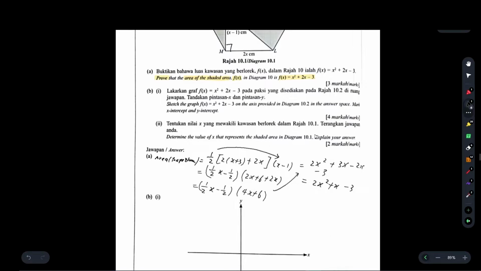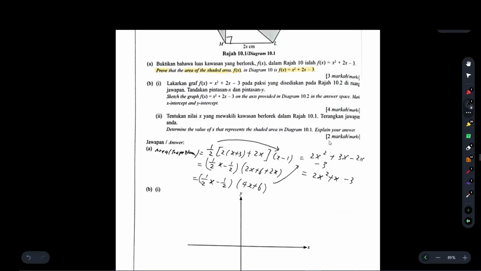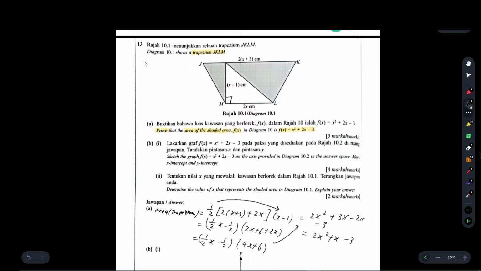I don't think we have enough space for this, so I'm going to write up here the area of a triangle. The area of the triangle is 1 over 2 times base times height, so it's going to be 2s and s minus 1.